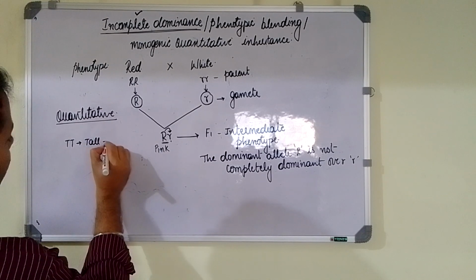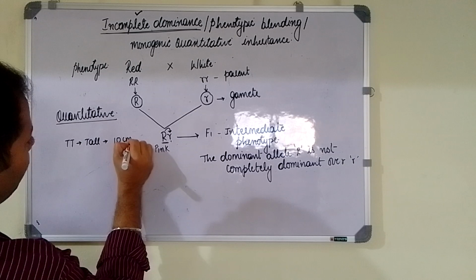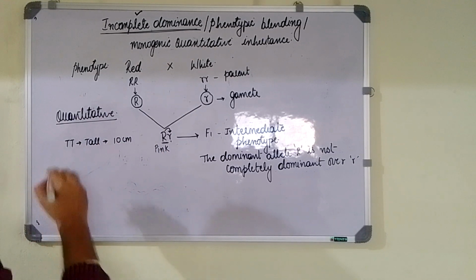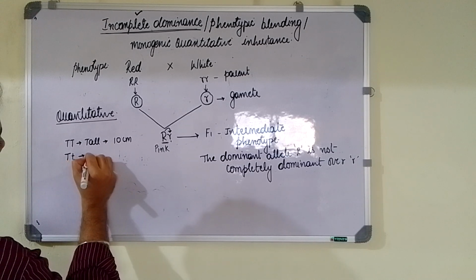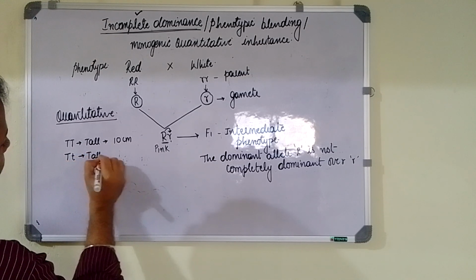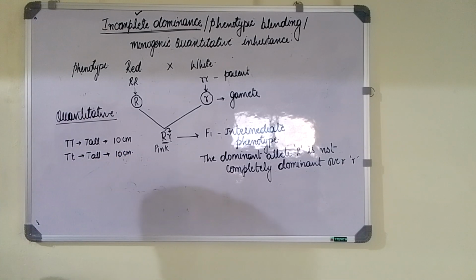Both dominant alleles are producing 10 centimeters height in the plant. Now we have one more condition, capital T, small t. This is also producing a tall phenotype, also 10 centimeters height in the plant.